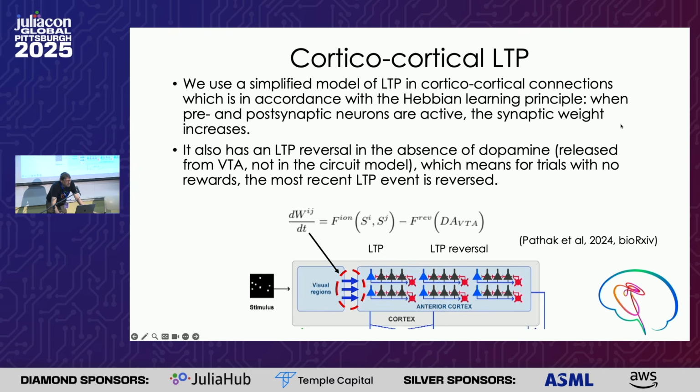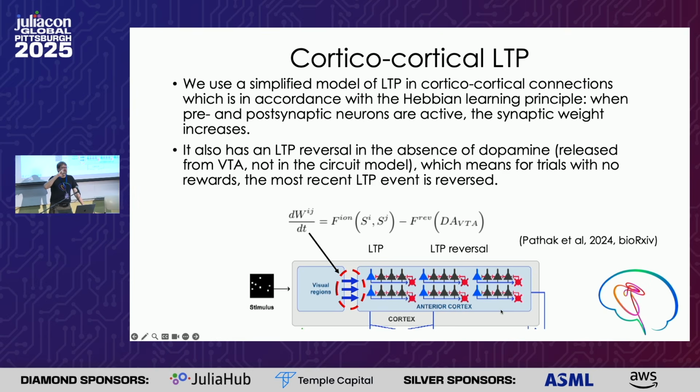So the way this works is essentially that every single time there is a correct decision, we update the weights between the visual cortex and the anterior cortex. So that's what I was talking about.